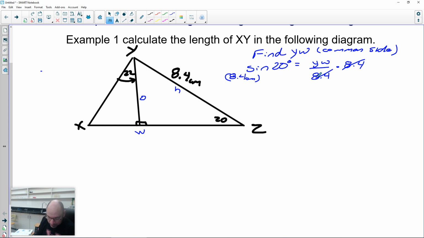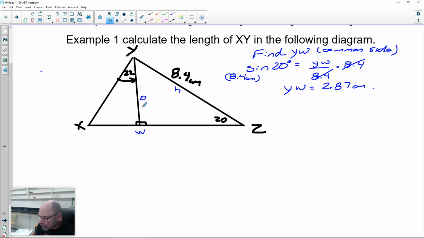Okay, I get 0.342, and then I'm going to times that by the hypotenuse, 8.4, and I get 2.87. And I'm going to keep an extra decimal for now. I'm going to say that YW equals 2.87 centimeters. Okay, normally you'd round off to a tenth or whatever, but I'm going to keep it extra because we have a second step.